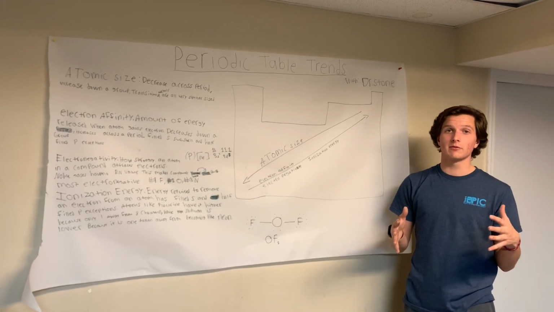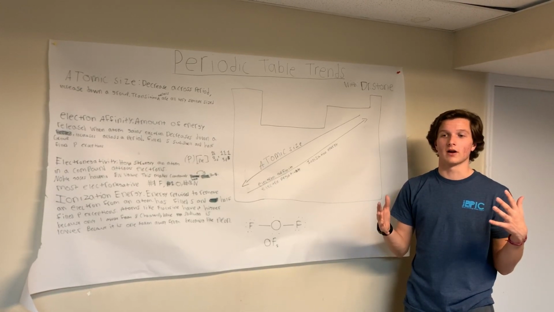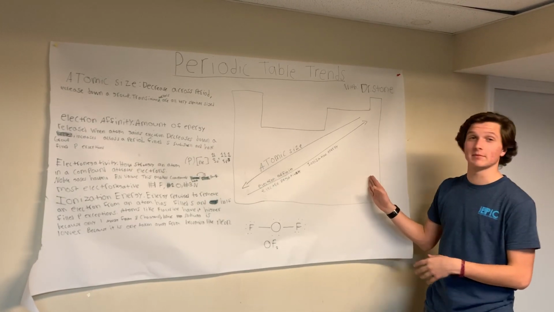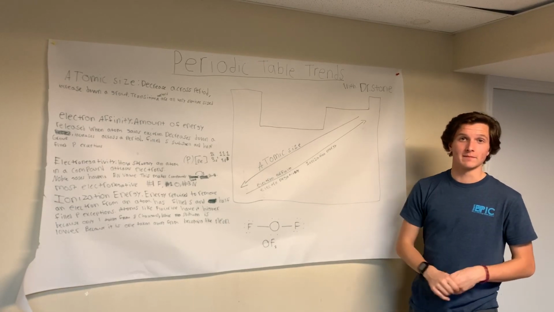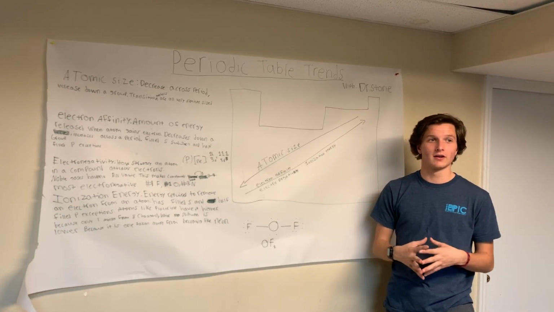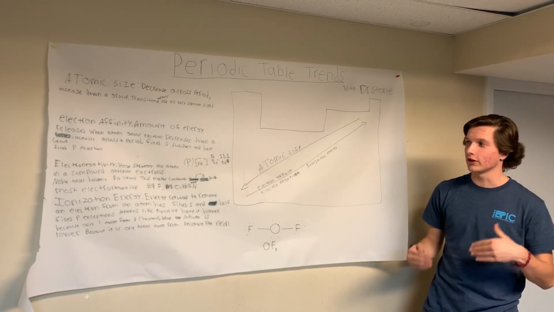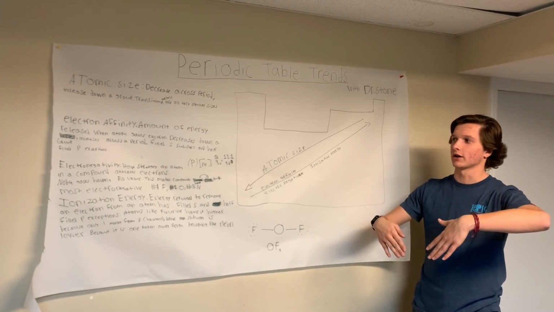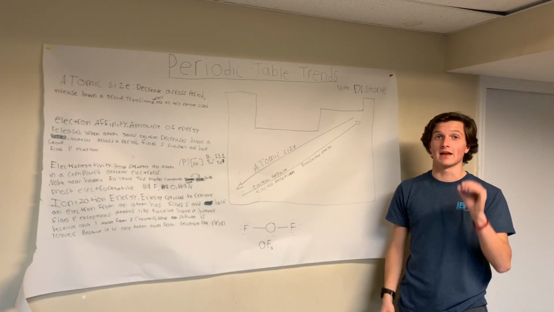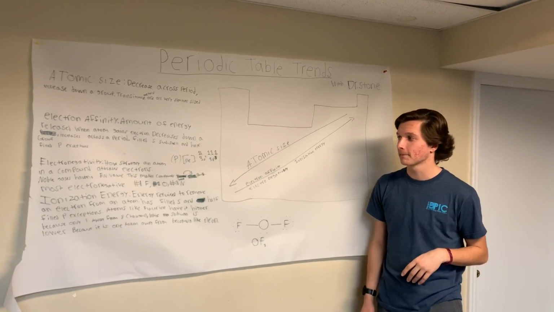Now they're not completely stable because they can still bind with other atoms. Xenon famously binds with fluorine to make an octahedral pattern, but they are so electronegative that they don't want electrons, so they're not going to attract them at all, which means that they have zero electronegativity value.